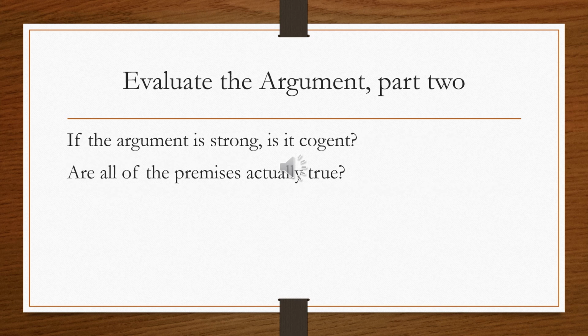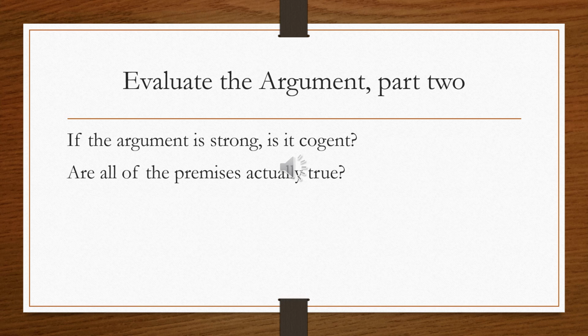Okay, so far so good. If we agree, for the purposes of teaching, that this is a strong argument, that doesn't necessarily mean the conclusion is true. It just means the premises would support it if the premises were true. That's what strong means. But that's not where evaluation ends. Having determined the argument is strong, we would then have to take the next step to determine if it's cogent.